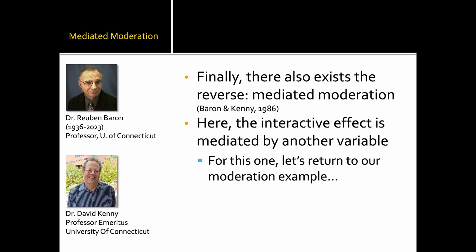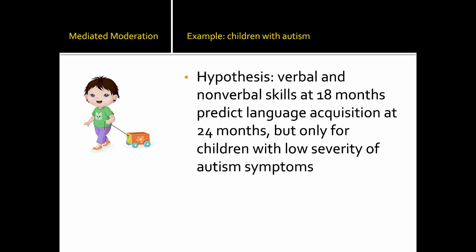Okay, finally the reverse, which is mediated moderation. So you start with a moderation model here, and then you add in an explanatory variable for the moderation. So we're going to go back to our interaction example here, the autism example from a previous lesson. Here the interactive effect is mediated or explained, at least in part, by another variable.